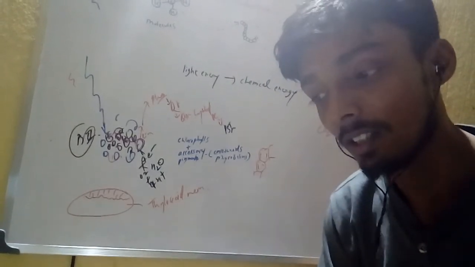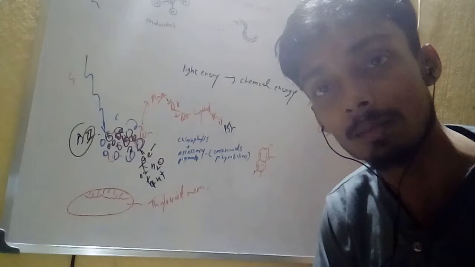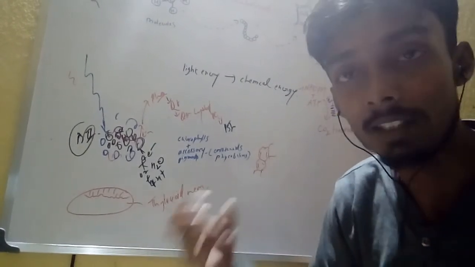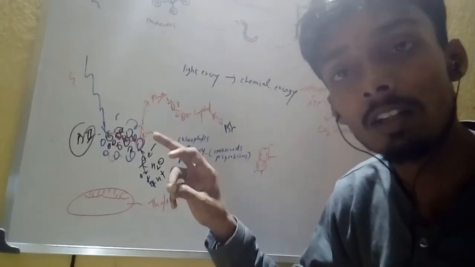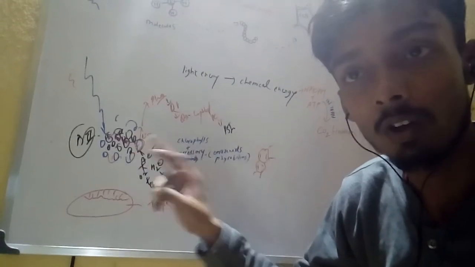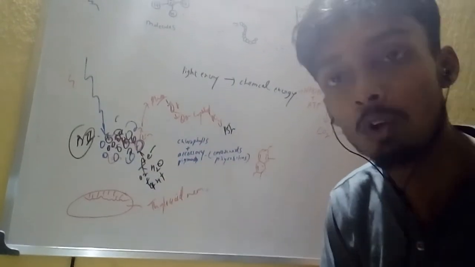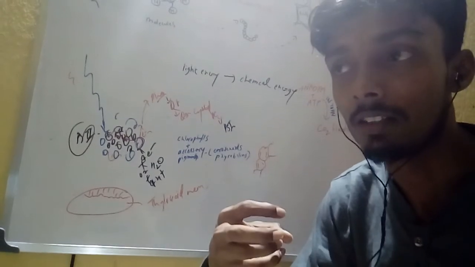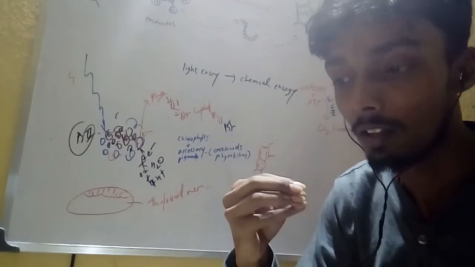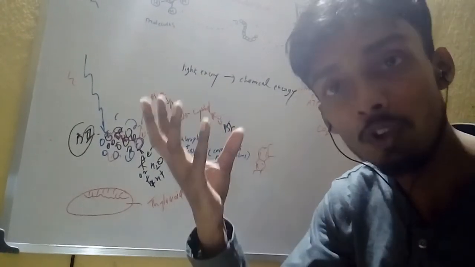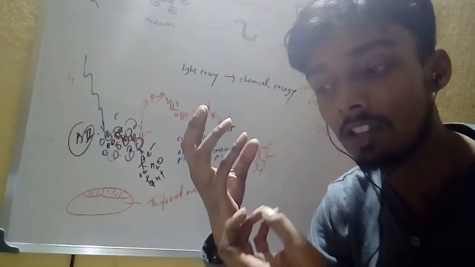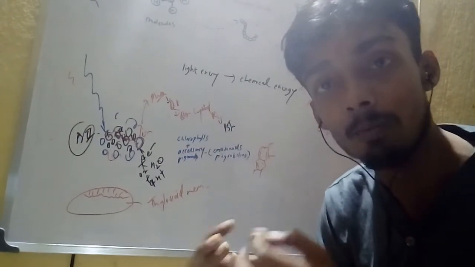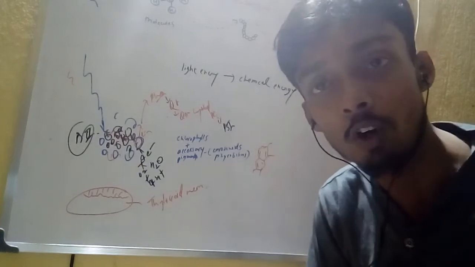I mean, this photosystem is separate from photosystem second. The role of the light was only to excite the molecules of the antenna complex. Here the chlorophyll is excited by this light energy, and the electrons were taken by the pheophytin, and the gap which remained in photosystem second is filled by the splitting of water.